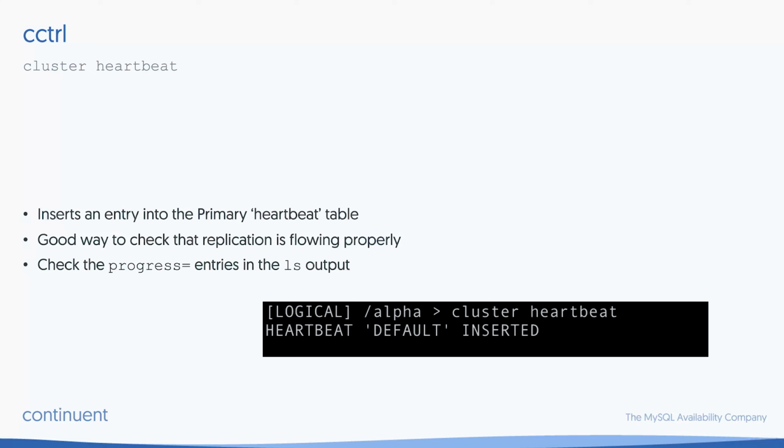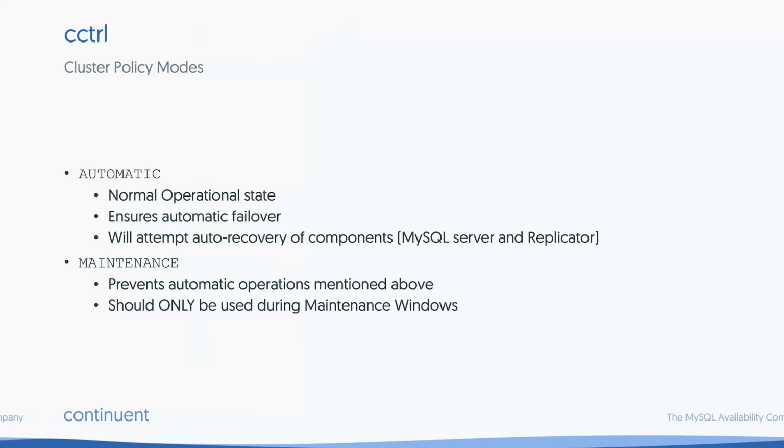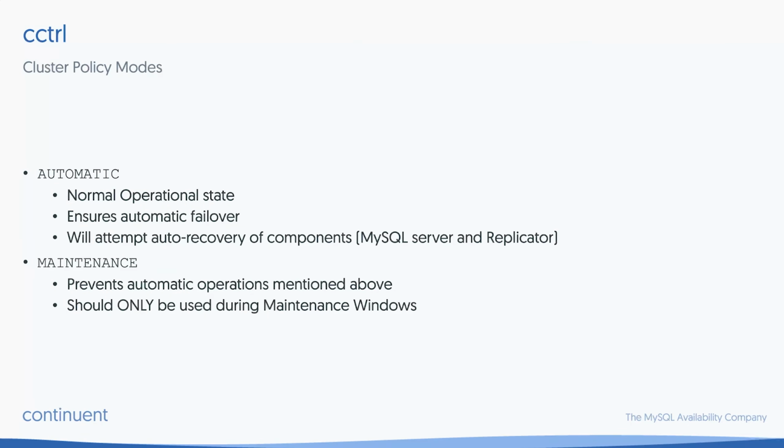By issuing the commands and observing the progress state in the ls output, you'll get a quick visual that the replicators are replicating. Finally, switching policy is super easy using the set policy command. So you can switch between automatic or maintenance, or as we looked at with the tpm command, if you don't want to log into cctrl to make the switch, you can use the tpm policy command.